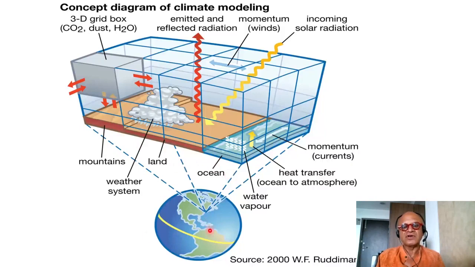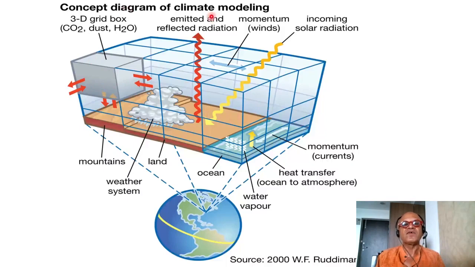We would take the sphere and create a number of grids in the atmosphere, in the ocean, on the land, and each grid then exchanges material and gases, so CO2, dust, H2O, water vapor, temperature, advection, winds, moving things around, and so on.